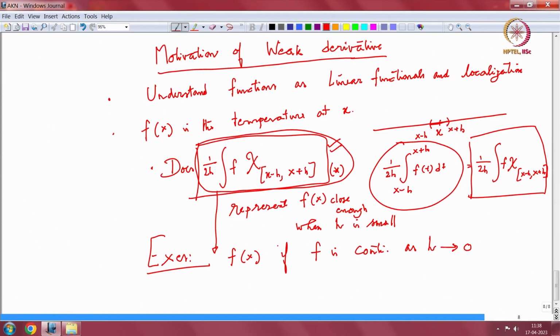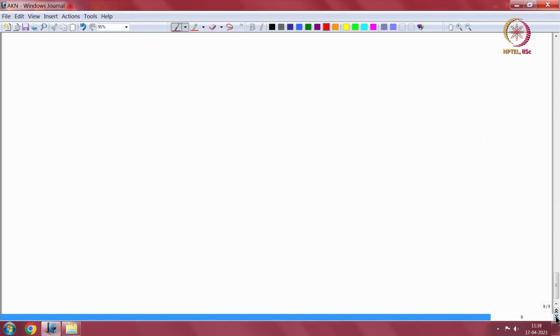Okay. So, that is what we are doing. Now, one of the issues is that this characteristic function of x minus h to x plus h is not continuous, even that is not continuous. So, working with that is a little more difficult. This basically localizes your function.